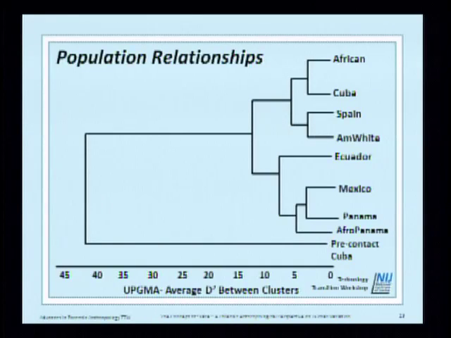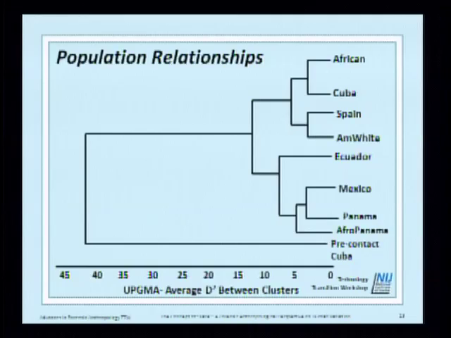You also have some populations with a lot of African origin, especially on the Caribbean or Atlantic side, because of the slave trade, they brought in a lot of Africans. And they also have a lot of Chinese individuals that were brought in to help build the canal. So then you have a big mix of all these groups. So here we see that African and Cuba are closely related based on those trees, right?